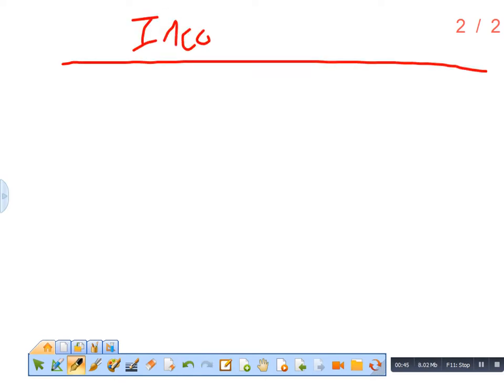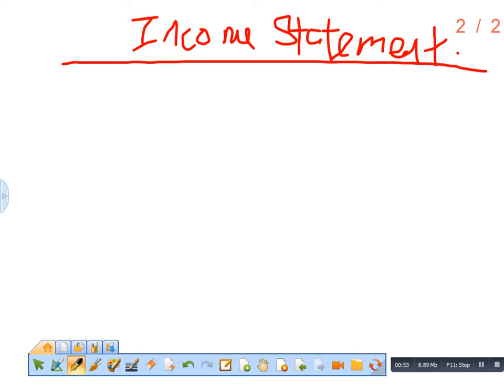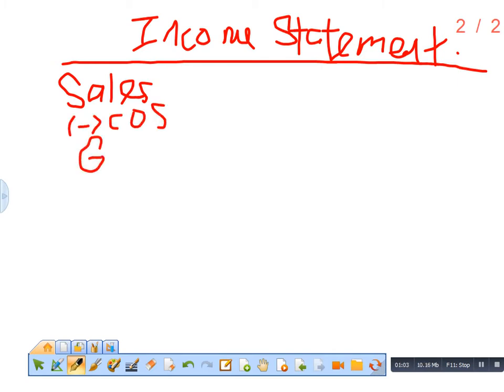Now class, normally before we prepare the tax computation, the company must prepare the accounts first, correct? Okay, they must have an income statement. Usually they start from the sales, and then minus the cost of sales, and then they get the gross profit, okay? And then here they will add other income.